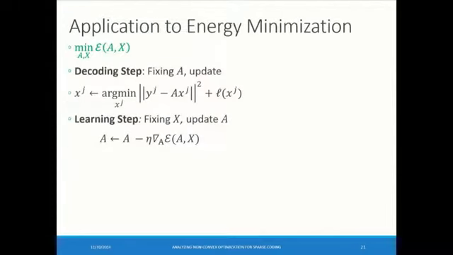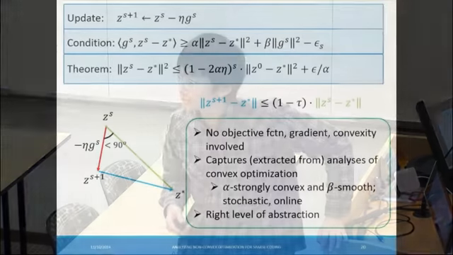The only difference is a different level of abstraction. We hope this makes it more general, so you can even apply it to non-convex problems. Now I'm going to apply this framework to energy minimization.